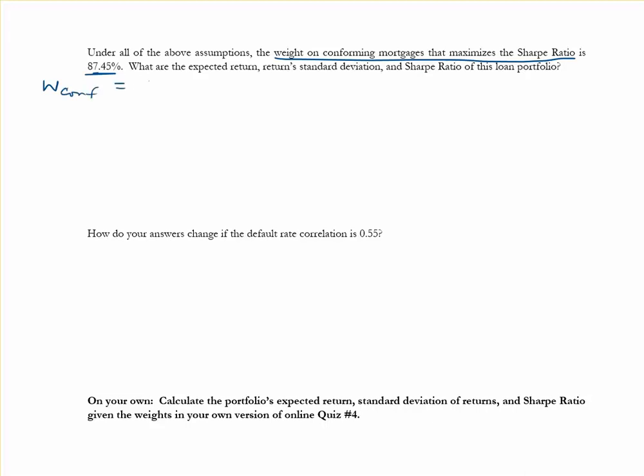So just to help you see how that fits into our formulas, the weight on the conforming mortgages would be 0.8745. The weight on the subprime would be 1 minus that, which is 12.55%. All right, and then we're going to have to do it over again.